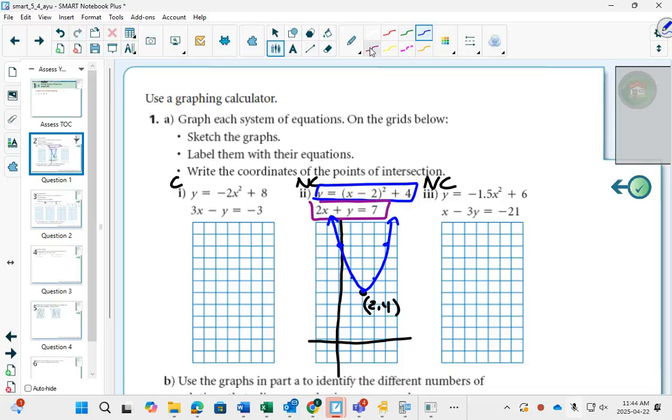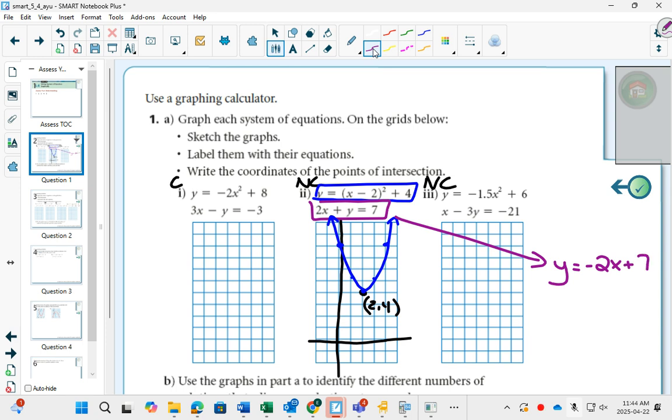The purple one is a line. What form do we like to change lines to graph them easily? y = mx + b. So I'm just going to draw from here a purple arrow. Can you see it's not hard to get the y by itself? You just have to move that 2x to the other side.